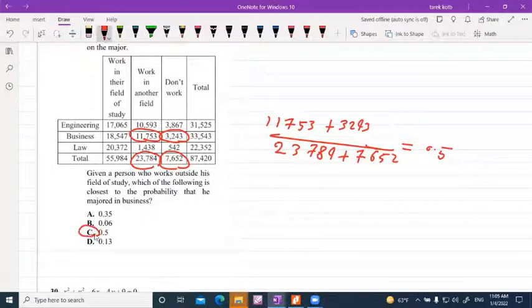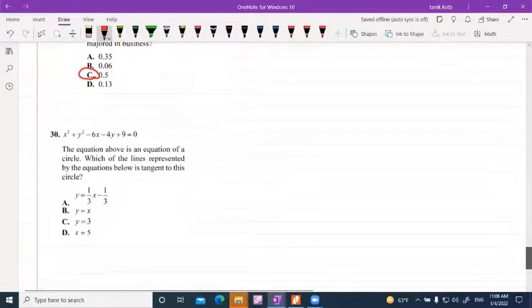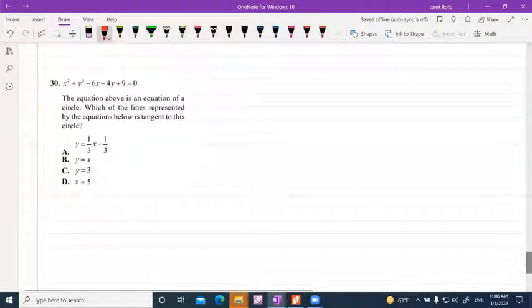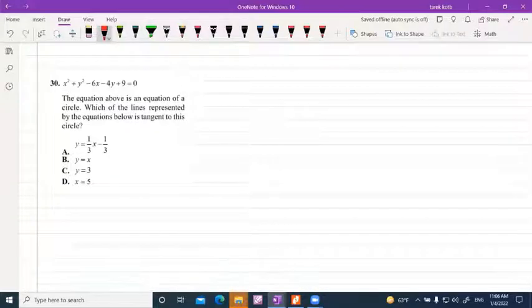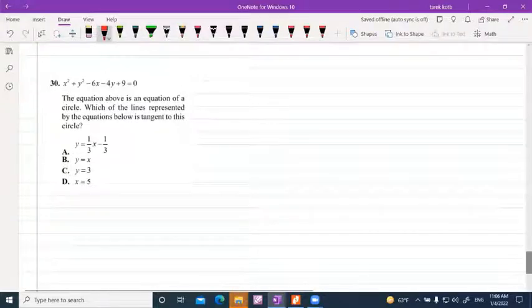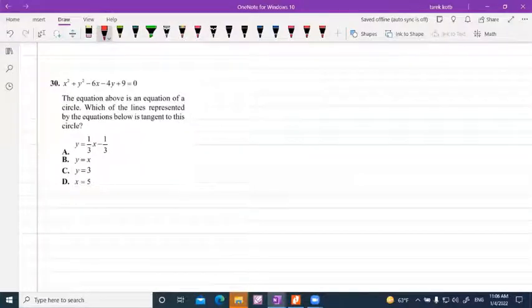Last one in this video, number 30. Here you see the equation of a circle. The equation above is an equation of a circle. Which line represented by the equation below is a tangent to the circle?